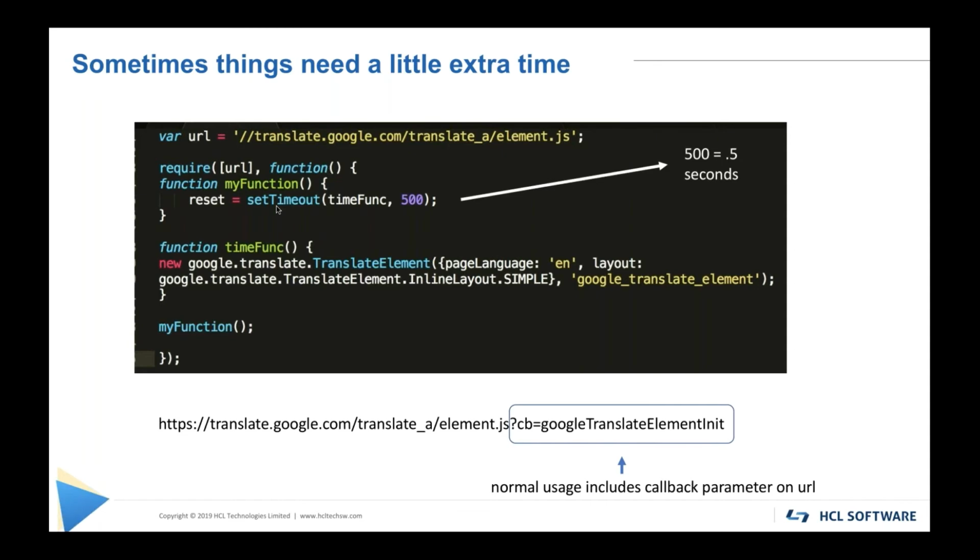The way a time function works is you tell it how many milliseconds you want to wait before you call that code. In this case, I put in 500. 500 equals half a second, so it's barely noticeable that there's a pause there. But it was enough for it to work.